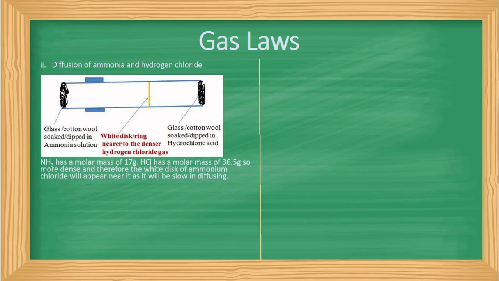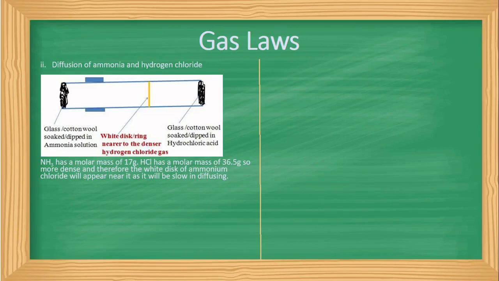So explanation, you find that ammonia has a molar mass of 17 grams, while hydrogen chloride has a molar mass of 36.5 grams. So it is more dense, the hydrogen chloride, as compared to ammonia, and therefore the white disk of ammonium chloride will appear near it, as it will be slow in diffusion.